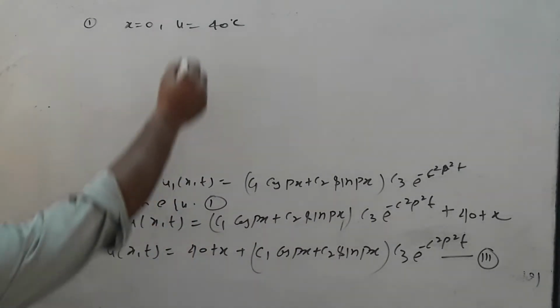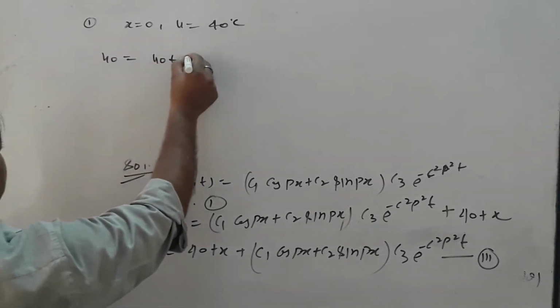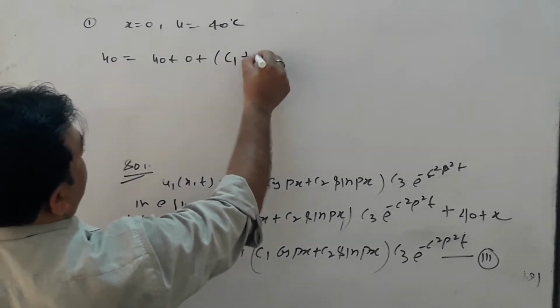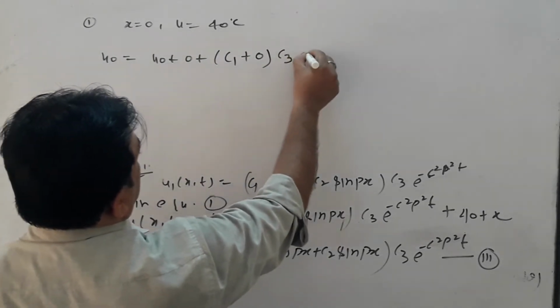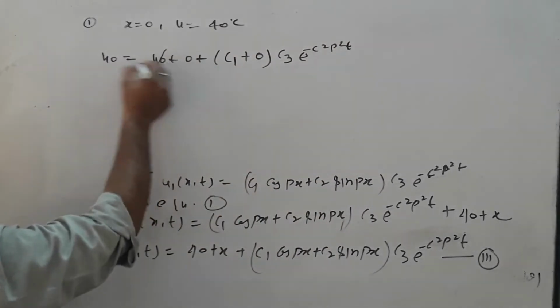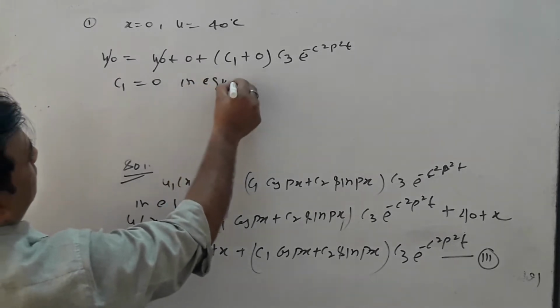So 40 equal to 40 plus 0 plus cos 0 c1 plus 0 e to the power minus c square p square t. Now cancel this out, so c1 equal to 0 in equation number 3.